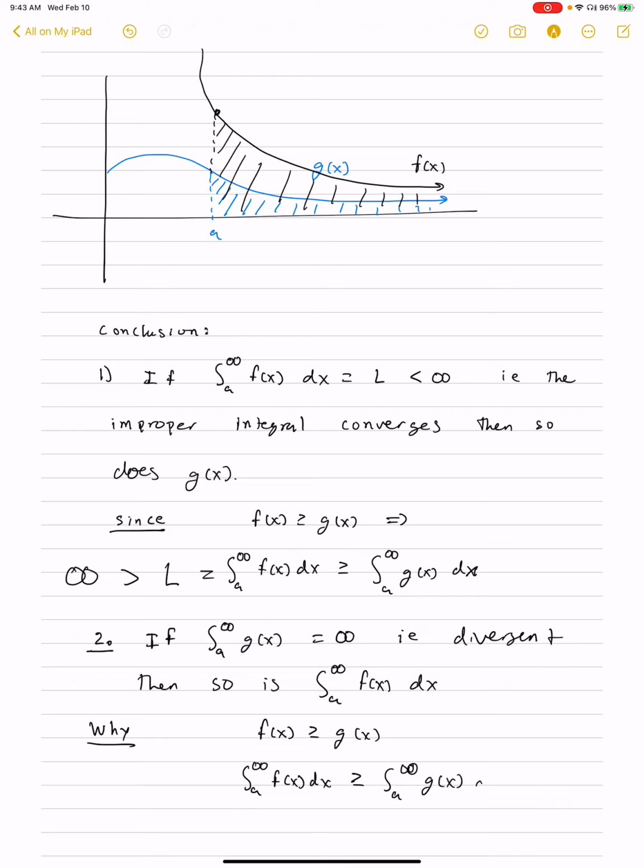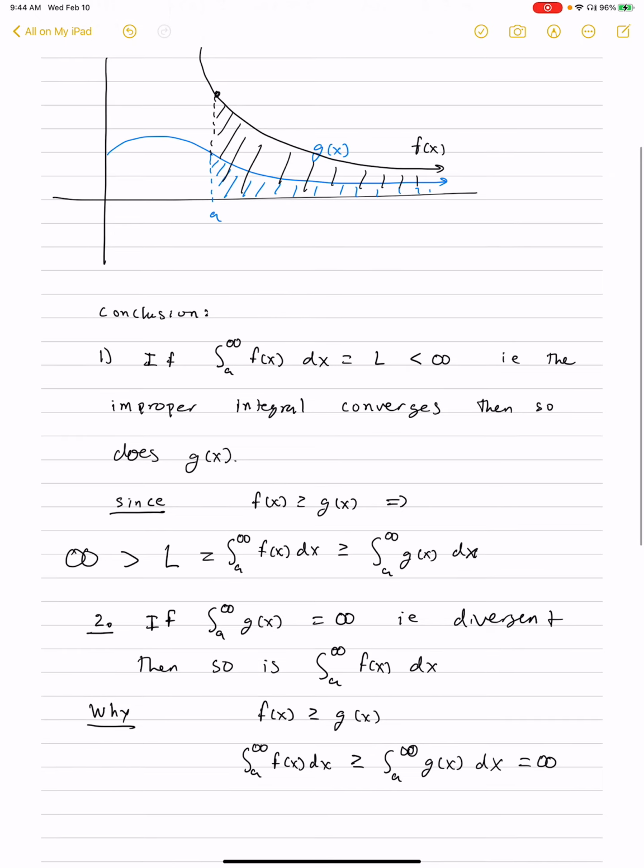Okay. And the blue area is infinite. So f of x has to be bigger than infinity. So it must also be infinity. Okay, so it's divergent. And that's the statement of the comparison theorem.